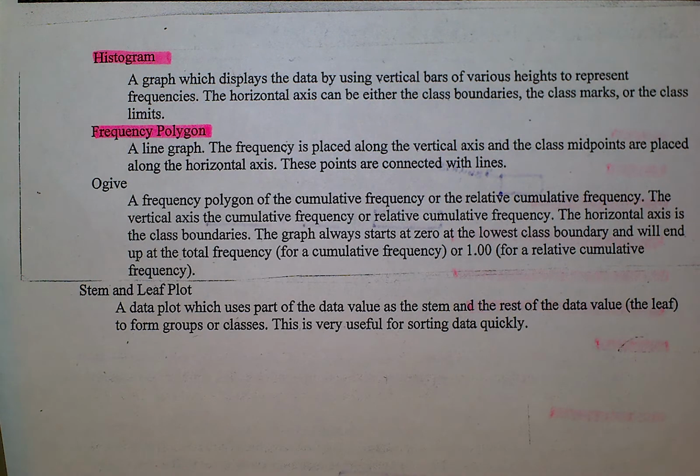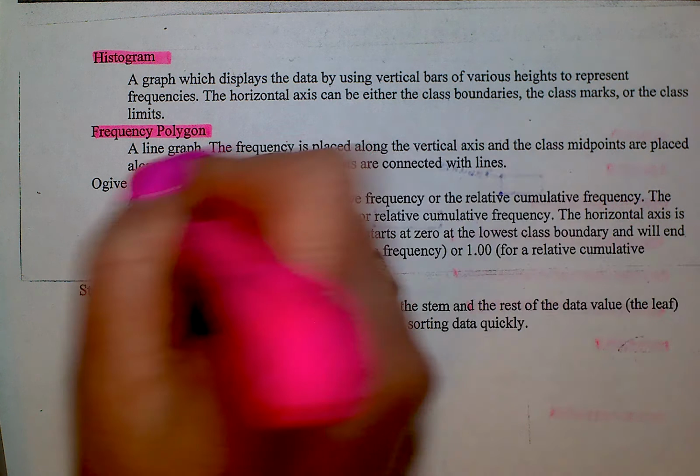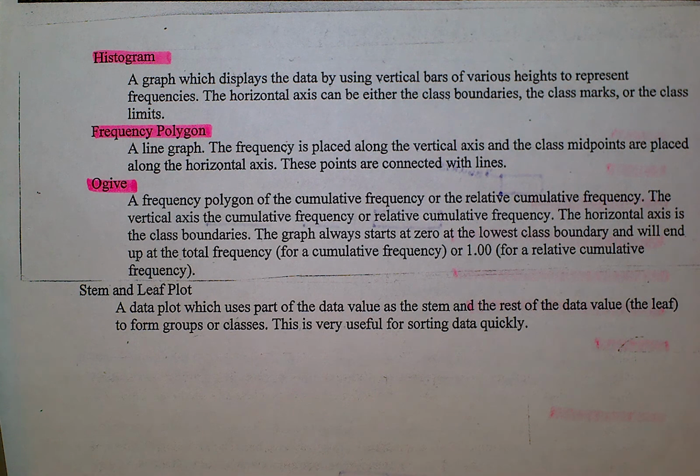Frequency polygon: a line graph. The frequency is placed along the vertical axis and the class midpoints are placed along the horizontal axis. These points are connected with lines. Ogive: a frequency polygon of the cumulative frequency or the relative cumulative frequency.